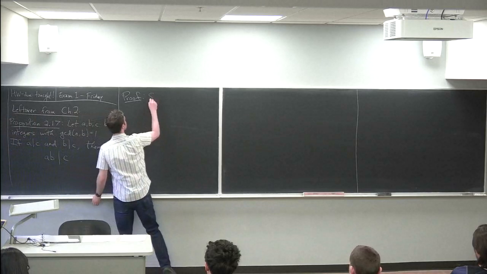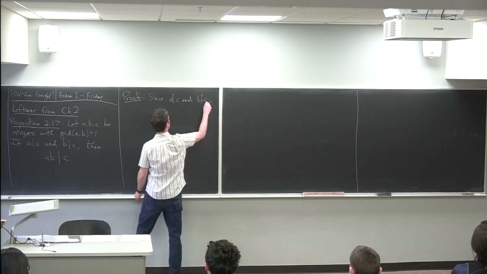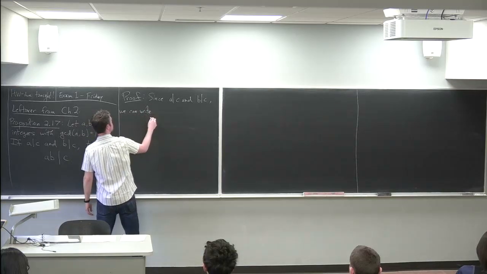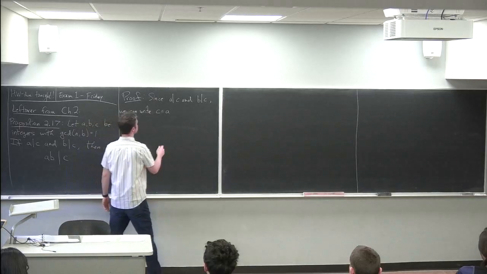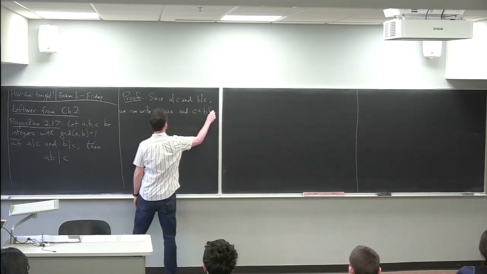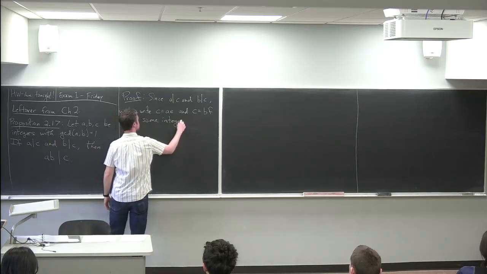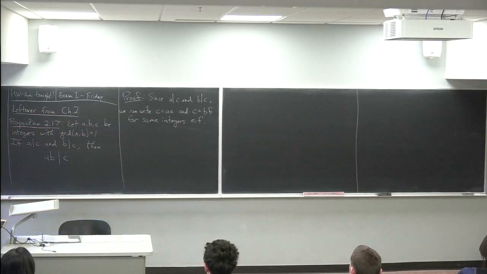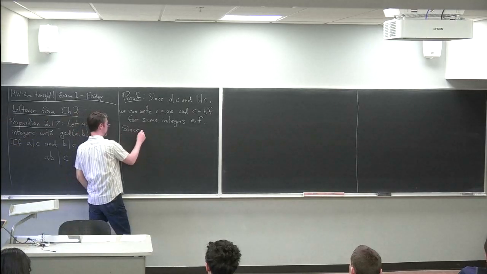So, what do we have? A divides C, and B divides C. What we can write is C as A times something, let's say E, but also C as B times F, for some integers E and F. And then, since the GCD of A and B is 1, we can invoke one of our big theorems.